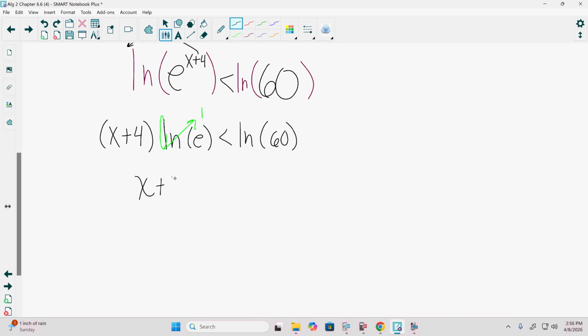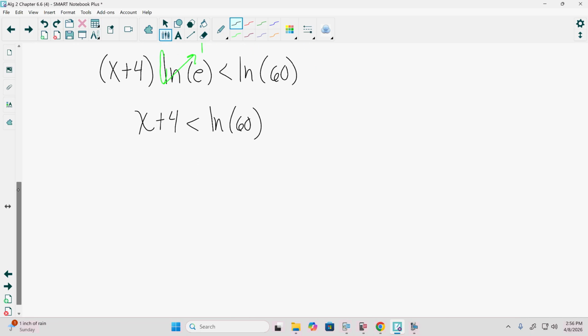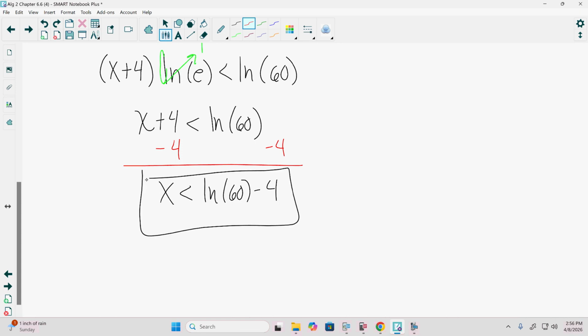And 1 times x plus 4 is x plus 4. And last but not least, we need to get x by itself, so we're going to minus 4. x is less than the natural log of 60 minus 4. If there had been a number multiplied with x, we would divide both sides by that number. And if we multiply or divide by a negative, we would flip the sign.